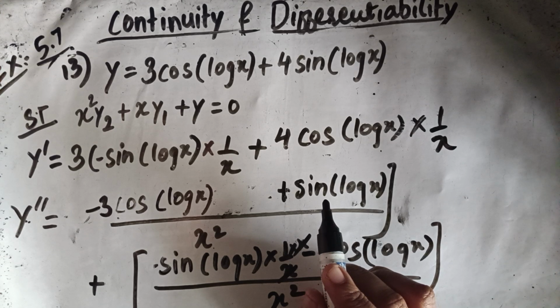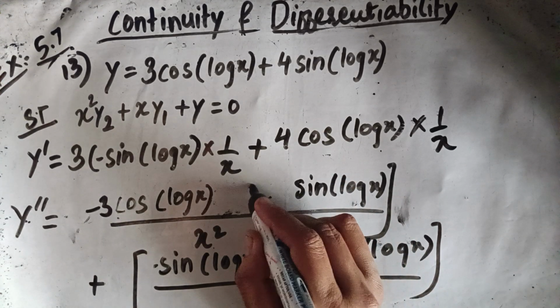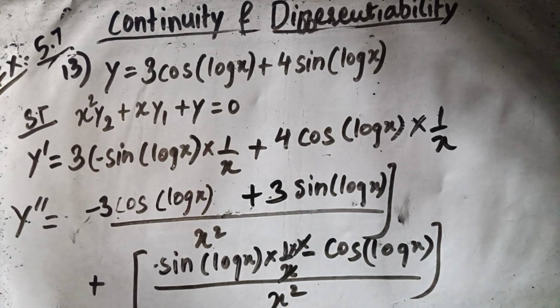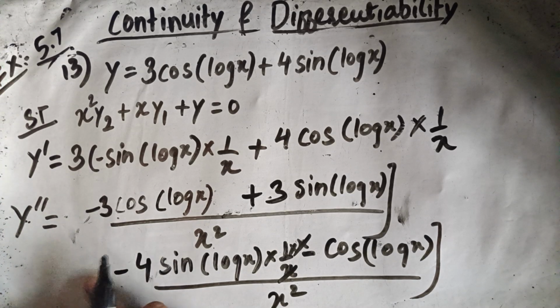And also the 3 was outside, so this will be plus 3. Here it was 4 outside and here we got minus, so minus 4.